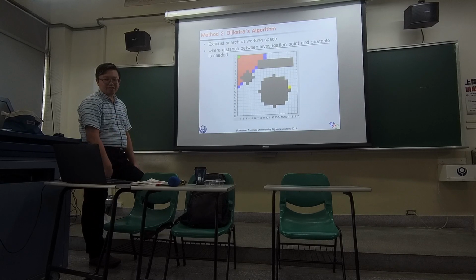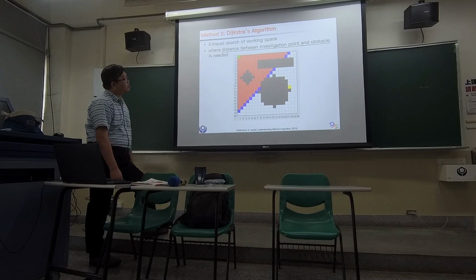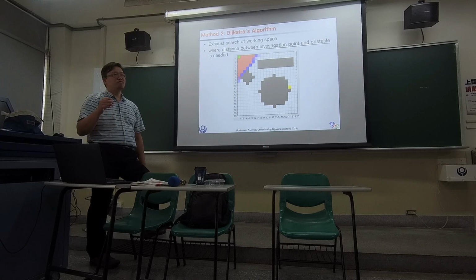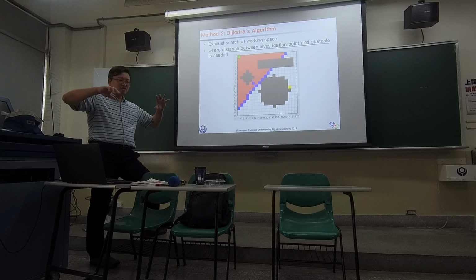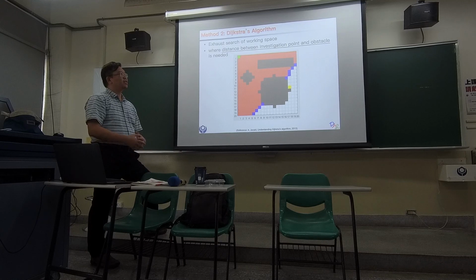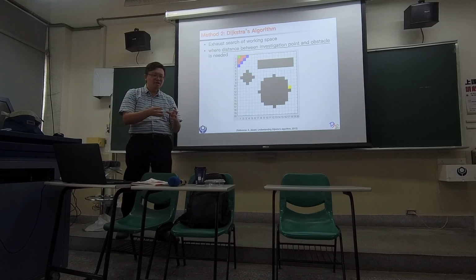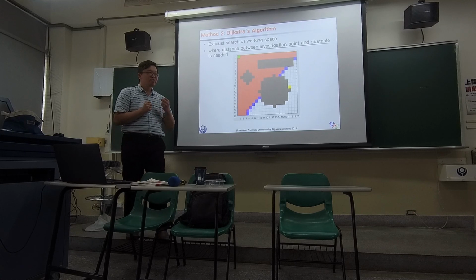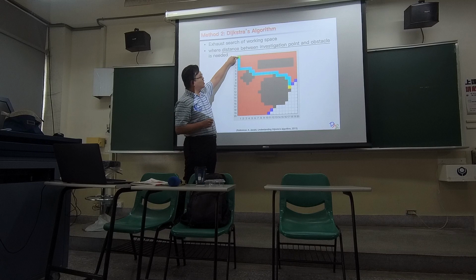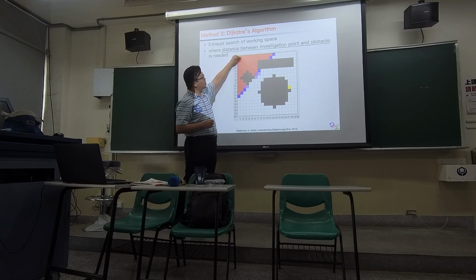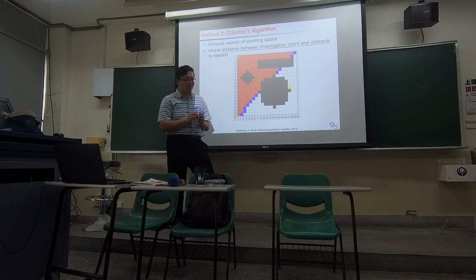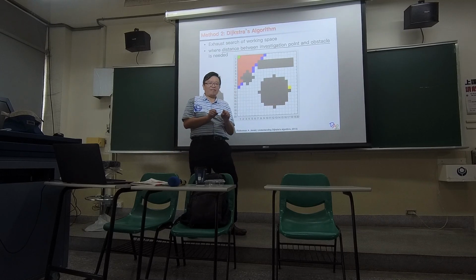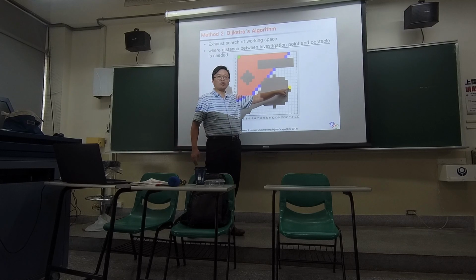So a different way is called the Dijkstra algorithm. The Dijkstra algorithm doesn't require you to move along the entire design space. It's a flood exploring algorithm. It's like pouring water from the entrance, and then the water starts to explore, like flooding, until it reaches the target.